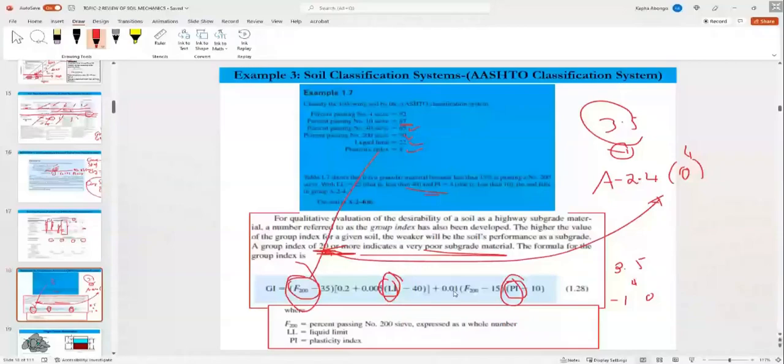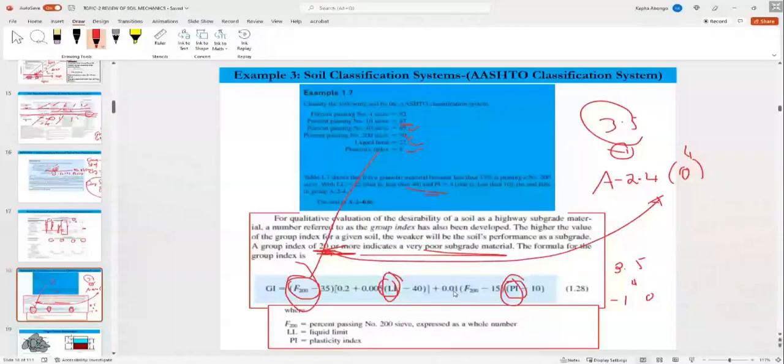So what's mechanical stabilization? Mechanical stabilization was done with things like compaction. No. Compaction is not stabilization of the soil. Compaction is densification of the soil.